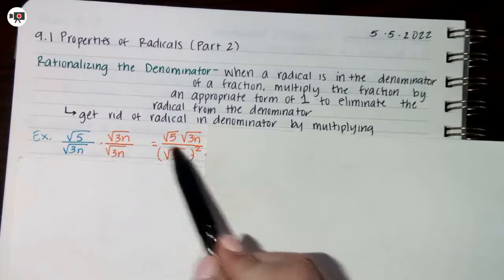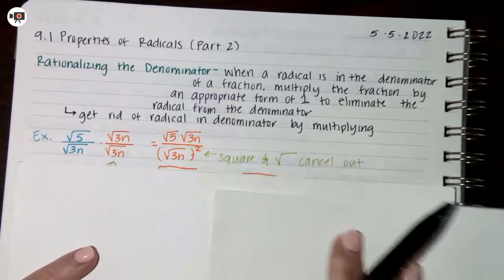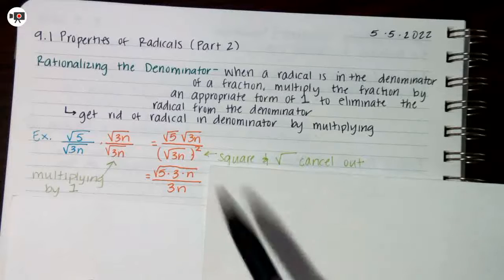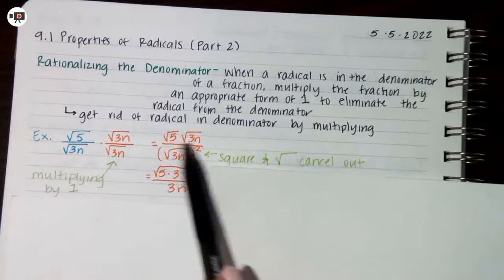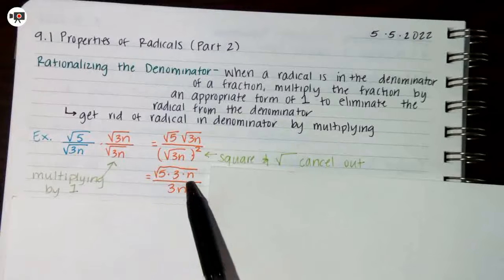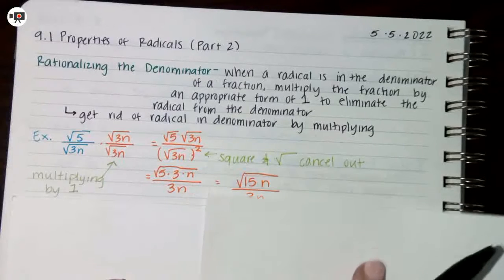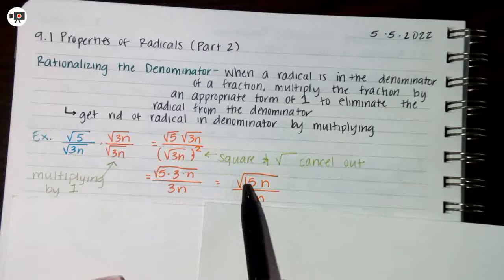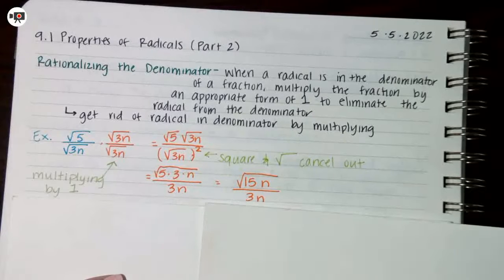The square and the square root cancel out. So then all of these can go in the same radical: the square root of 5 times 3 times n over 3n. 5 times 3 is 15, and we have an n over 3n.